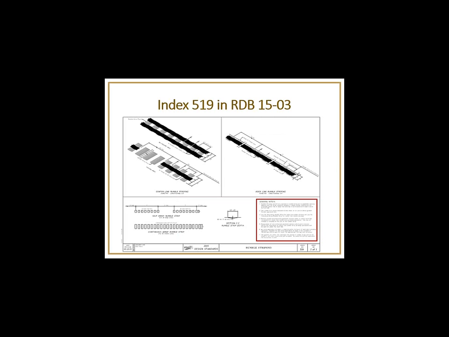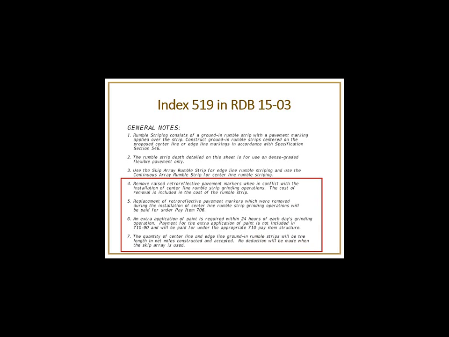Remember, 519 was originally issued with the Roadway Design Bulletin 1503, which was talking about rumble striping. It's now posted with our 2016 design standards. You'll notice there are some changes to it. The original Index 519 that was posted with the Roadway Bulletin had down in the right-hand corner some notes about how to deal with rumble striping.